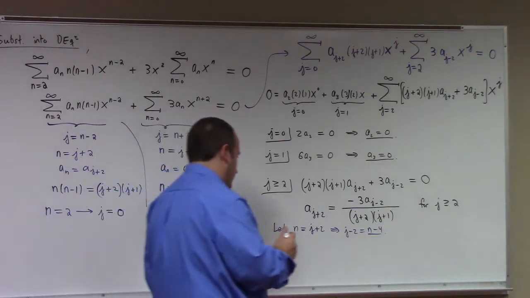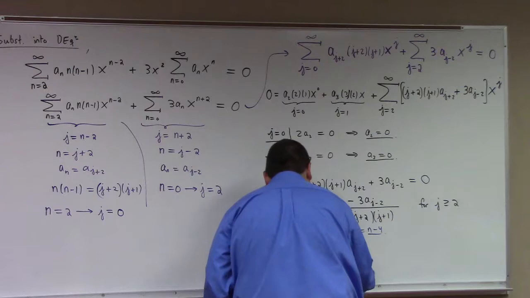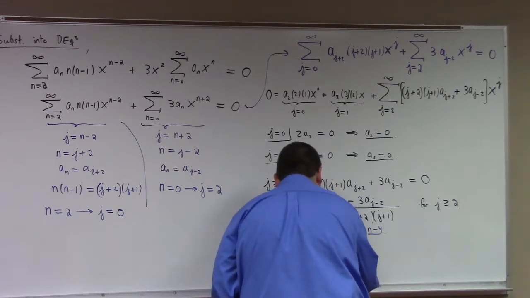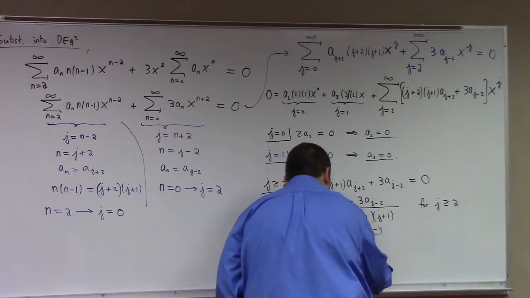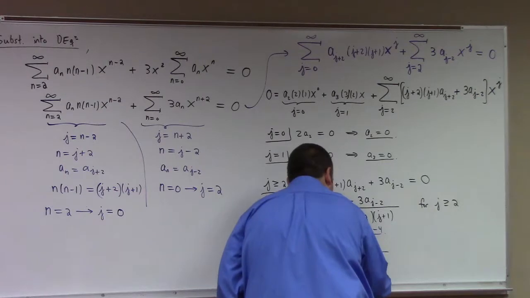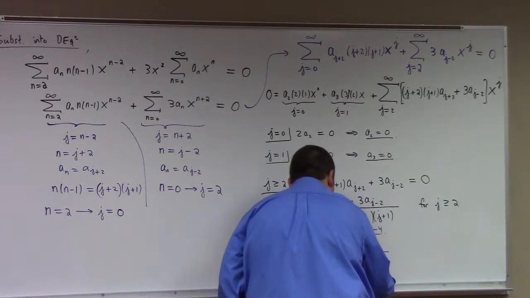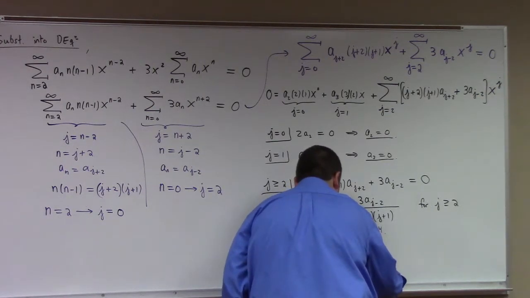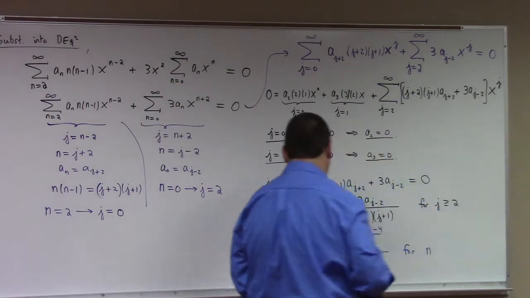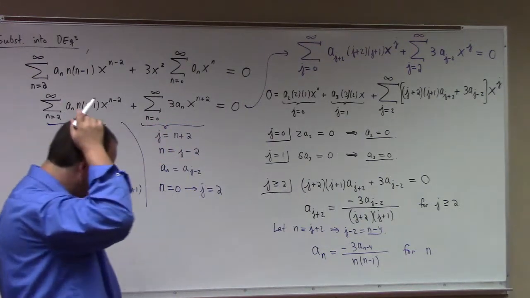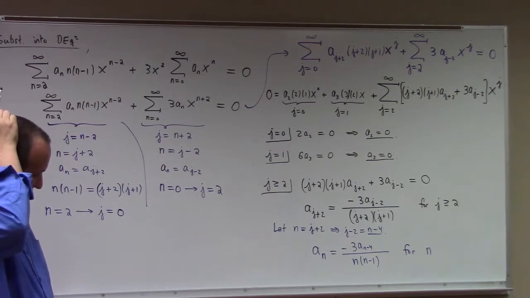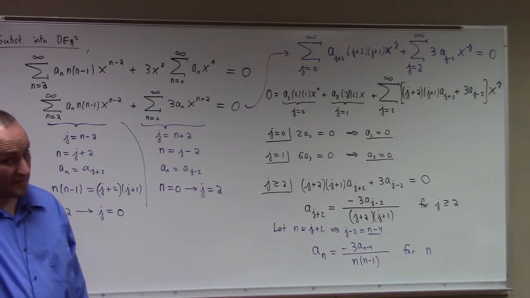Okay, so operator overloading. A sub, what we got here? A sub n plus a sub n is equal to minus 3 a sub n minus 4 divided by n times n minus 1. This is going to be for n greater than or equal to 4, right?